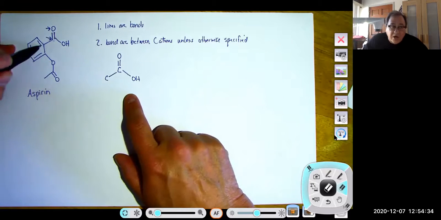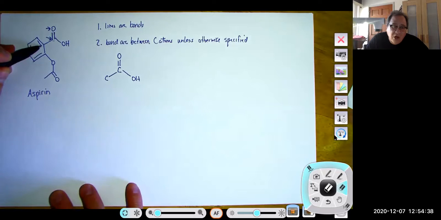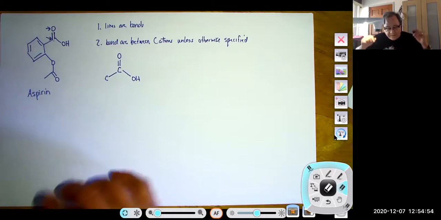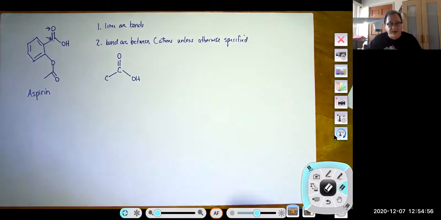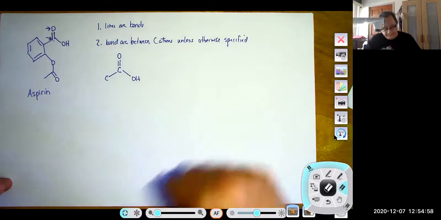How do I know that's carbon, not oxygen or nitrogen or fluorine? The answer is, if it were nitrogen, it would say N there. If it were oxygen, there'd be an O there. The fact that there aren't those symbols there means it's a carbon. So if the atom is not specified, it's carbon.